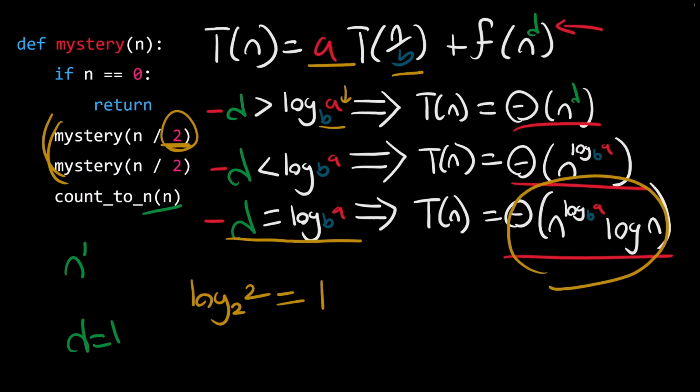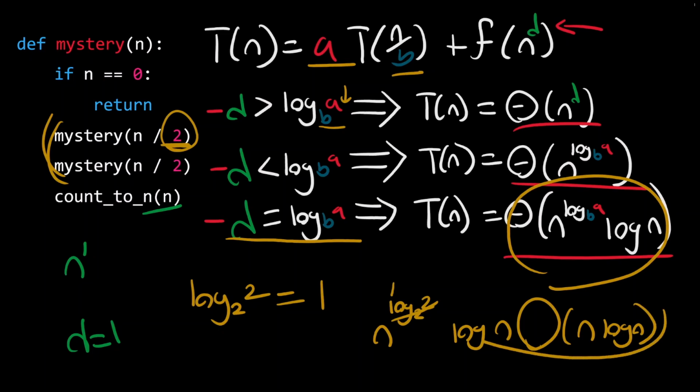And if we write that out, that'll be n times log n. And this is going to cancel out to 1, which gives us n log n, which we saw before.